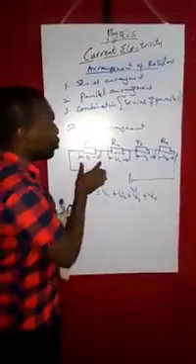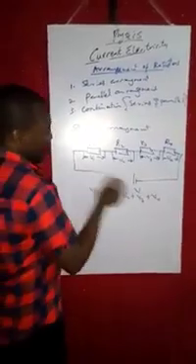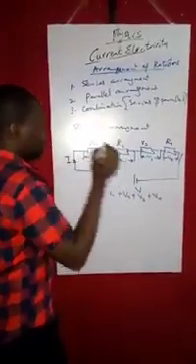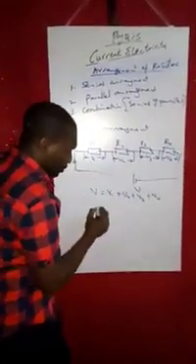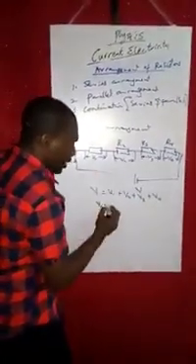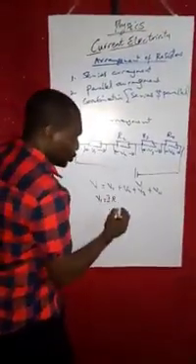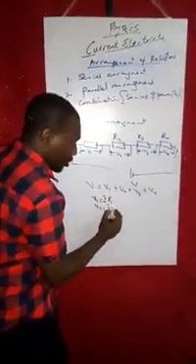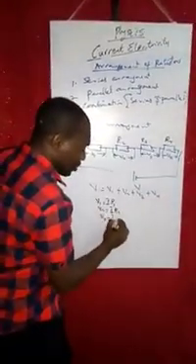What are we going to have as our voltage drop at V1? Don't forget that the current from the source, which we should term I, flows through this. So at V1, we have the current times R1. At V2, we have the same current times R2. At V3, the same current times R3.